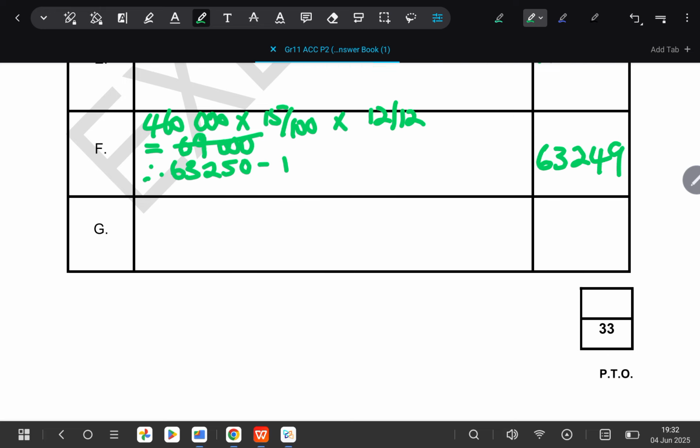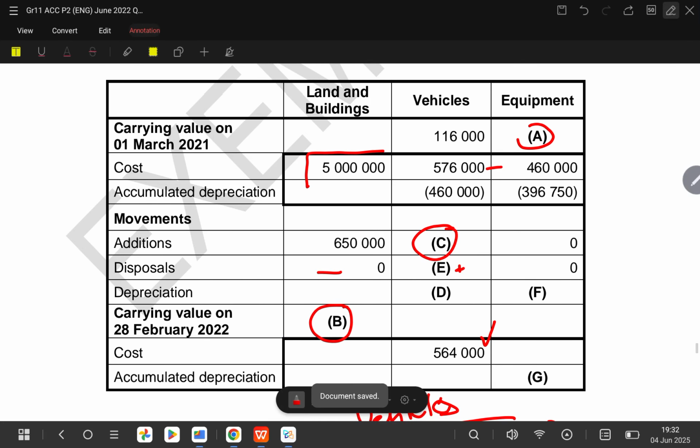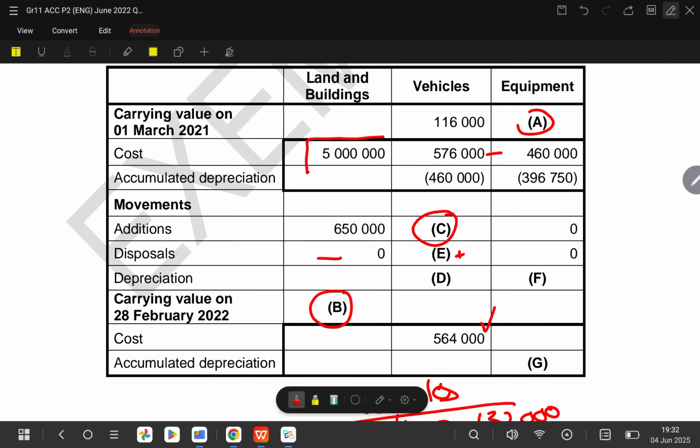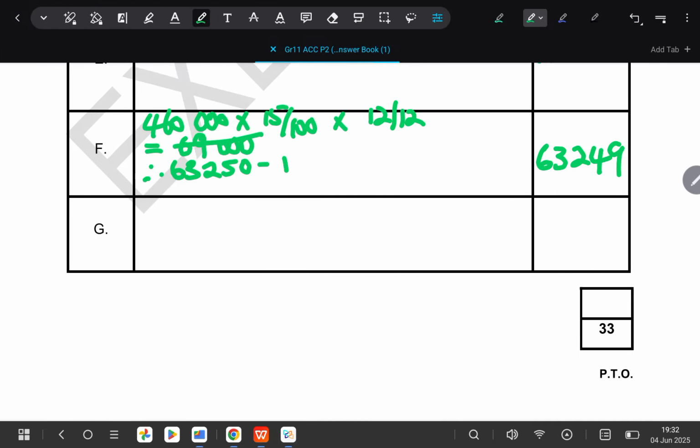And then number G, which is the last part that you are supposed to do, you are just going to take your accumulated depreciation at the beginning and add it together with your depreciation for the year.